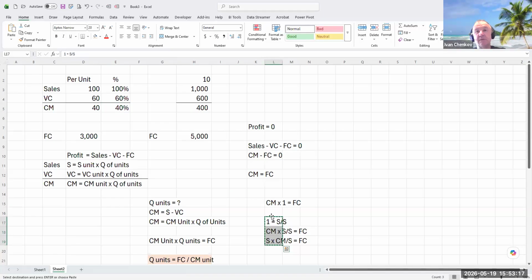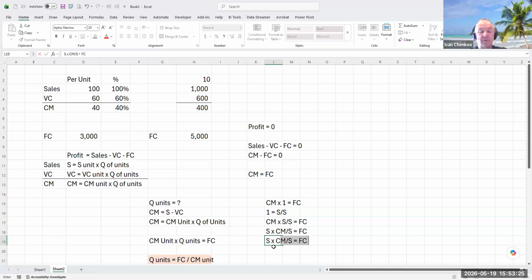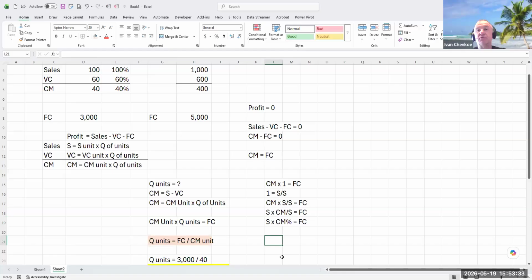Then what I can do is come up with a new formula, which is sales times contribution margin percentage should be equal to the fixed cost. So how much should my sales be in this case? My sales should be equal to fixed cost divided by contribution margin percentage.